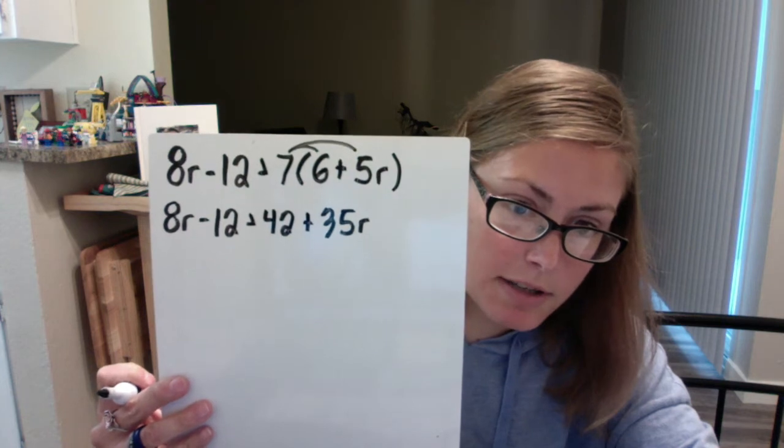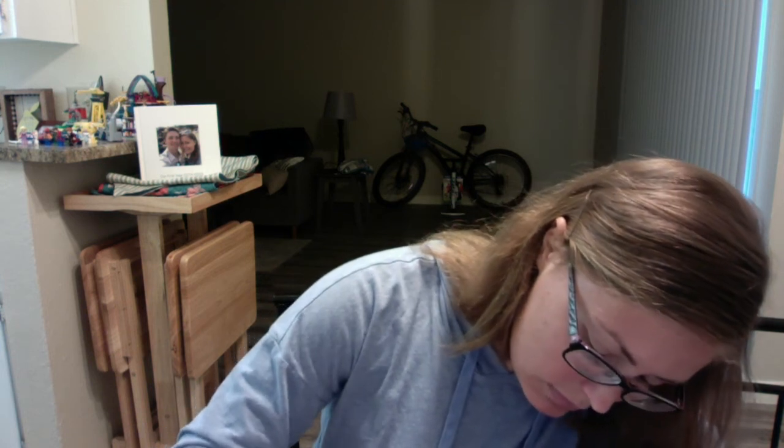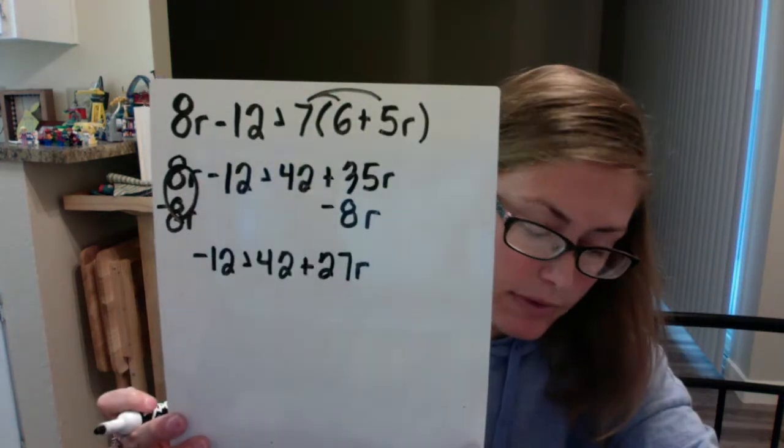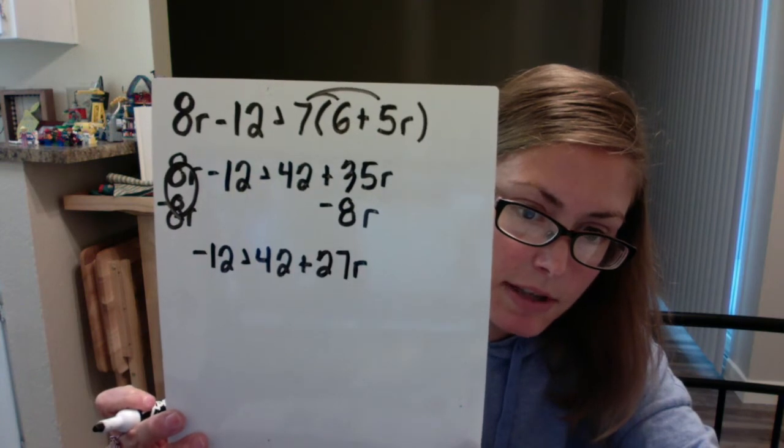Next, we're going to subtract 8r from both sides. When we do that, we get negative 12 is greater than 42 plus 27r. Then we're going to subtract 42 from both sides.